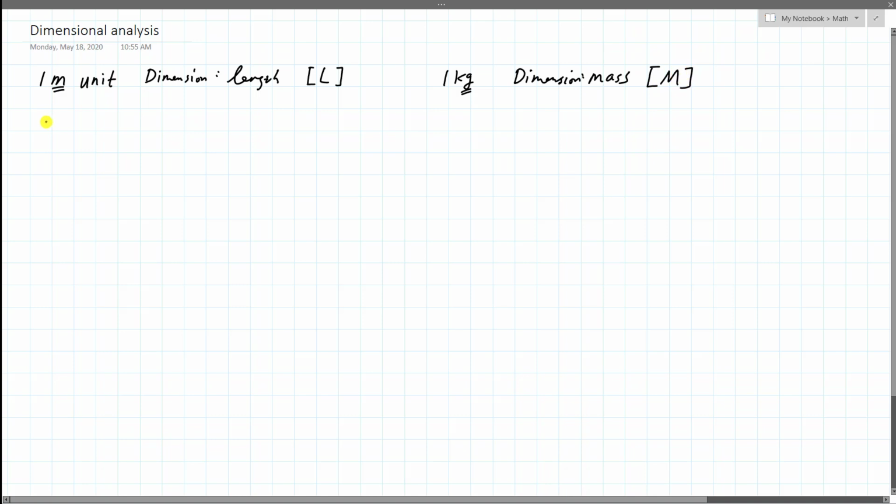And another unit is a second. Maybe 4 hours and maybe 3 days, right? These are all time units, right? So dimensionality is time. So we'll use a square bracket capital T for that.